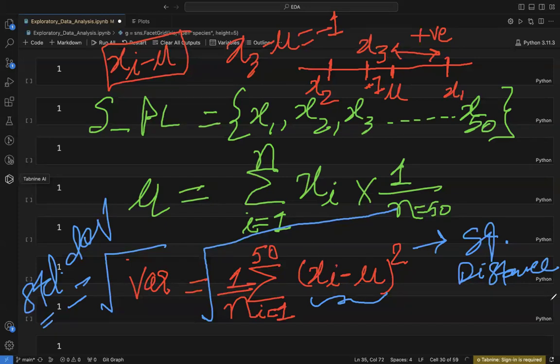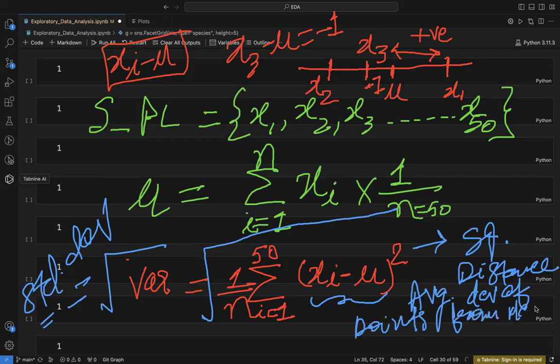Let's understand this term. It's saying what is the average deviation of points from the mean value. This is my standard deviation, and it tells me the average deviation of points from the mean.